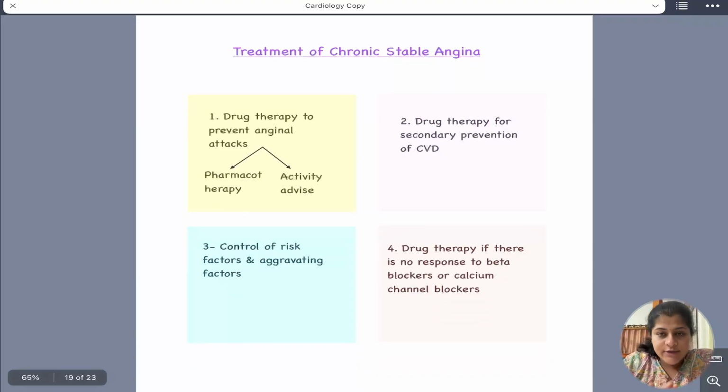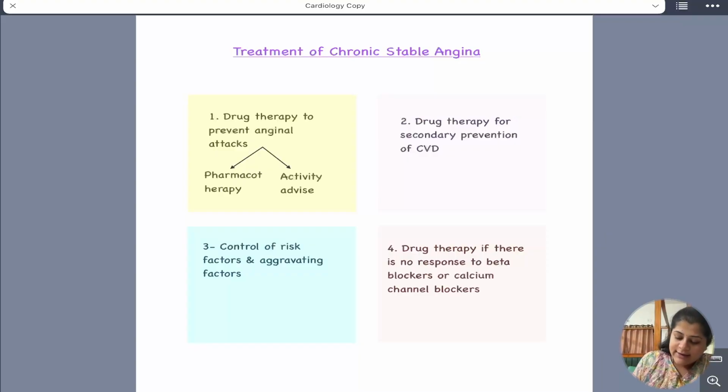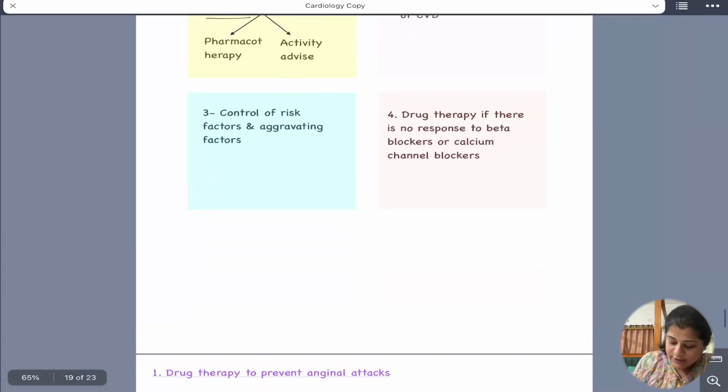There are four important pillars in treatment of chronic stable angina. First is, as the name says, it's angina, right? The first important thing that you will do is prevent anginal attacks. So how do you prevent angina? What is the mechanism of angina?